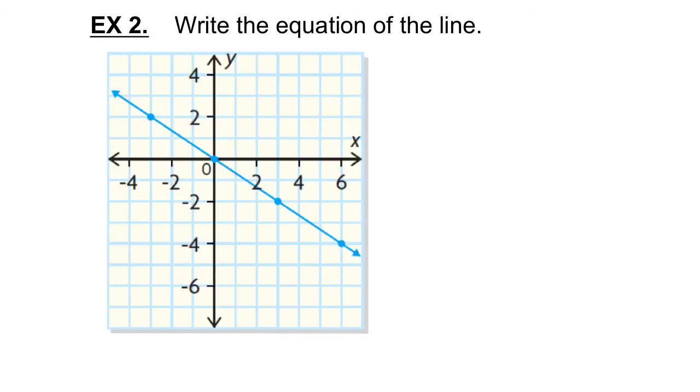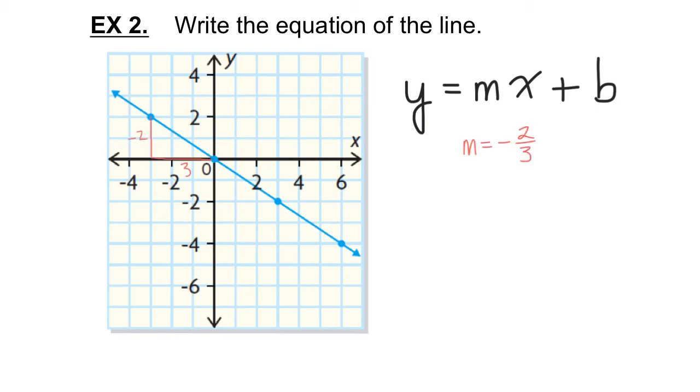And we can go the other way too. Now I have a line and I want to know the equation of that line. So remember, the format for the equation of a line is y equals mx plus b. M is the slope. So let's start with that. What's the slope of this line? Well, find 2 points. How about this one and this one? What's the slope? Well, it goes down 2 over 3.